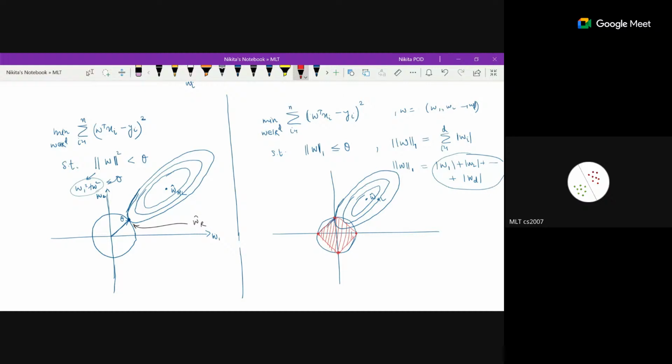That is why in lasso regression you are able to get some of the Wi's to be exactly 0, because it will hit these points more often compared to the curves. So that is why we are able to get some features to be exactly 0. So this is my L1 norm less than theta.